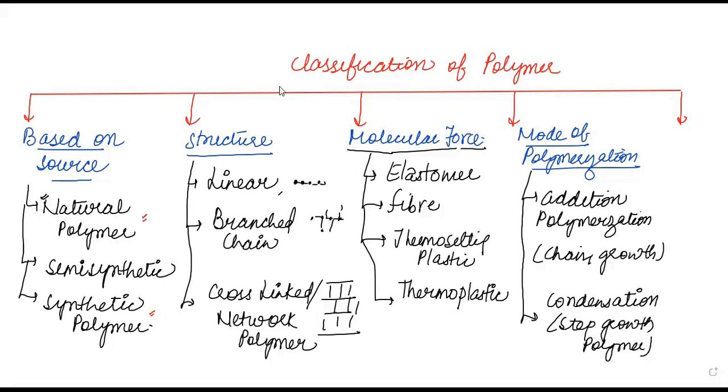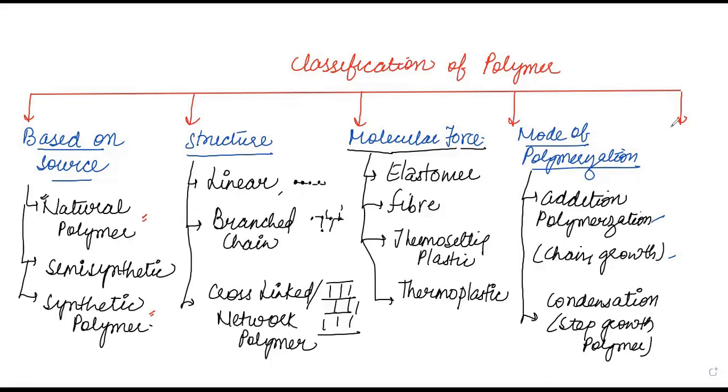The last type that we get for the classification is, again, mode of polymerization. So I have covered the major types.